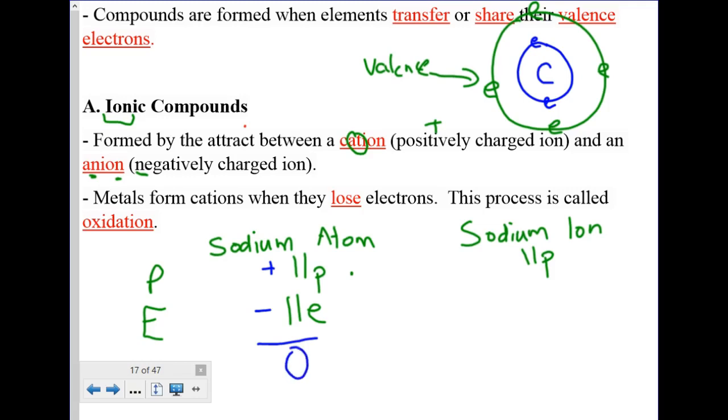Metals tend to lose their electrons, especially in groups 1 and 2, the alkali metals and the alkaline earth metals here. And when they lose electrons, they become positively charged. How is it possible that if something loses an electron, its charge is positive?